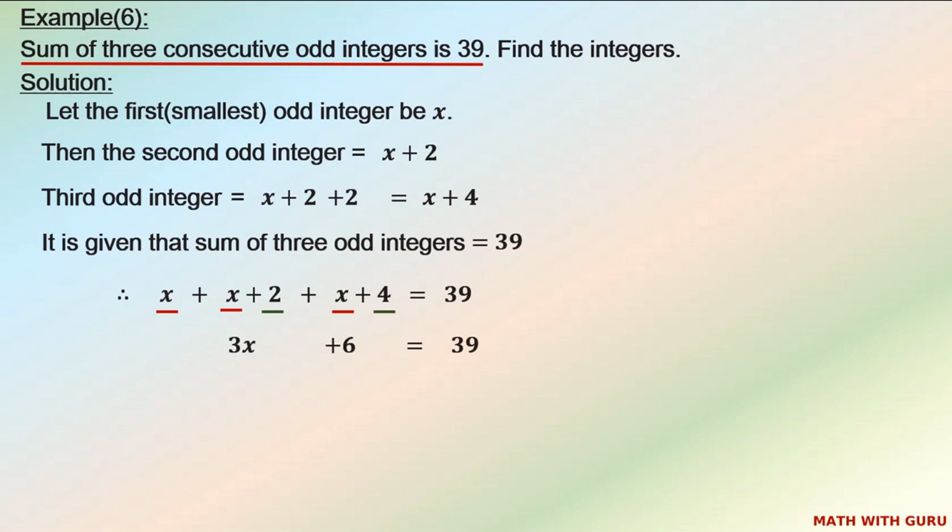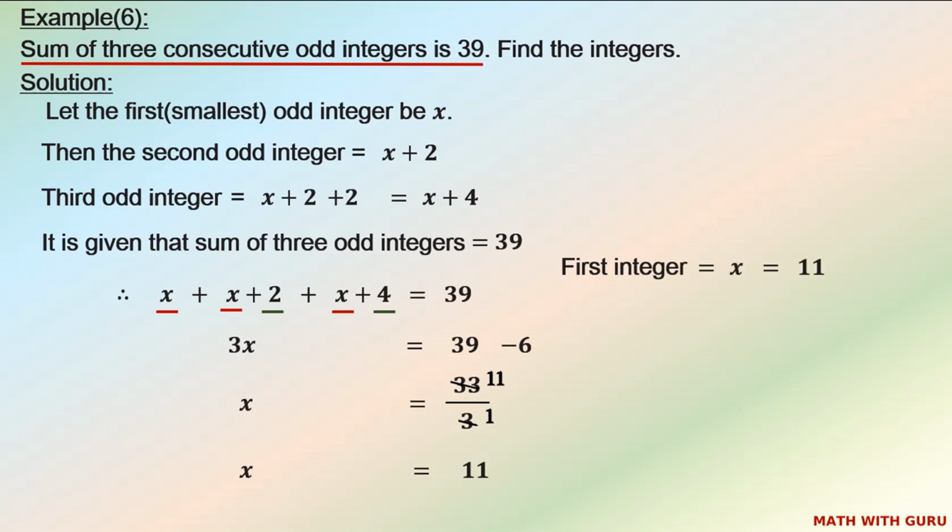Transpose plus 6 to the right hand side. It becomes negative. 3x equals 33. x equals 33 over 3. 3 ones are 3, 3 11s are 33. x equals 11. Therefore, the first integer equals x equals 11.